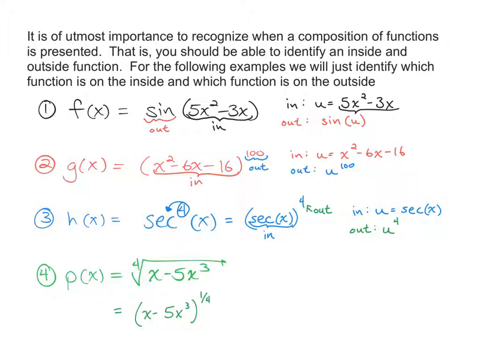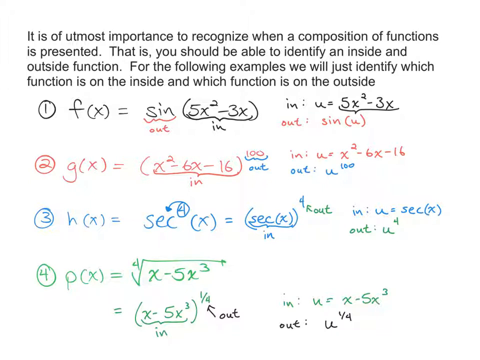Similarly to how the square root turns into a 1/2, the fourth root turns into a 1/4 power. So now this is much easier to see that this is what is on the inside, and then this 1/4 power is what is on the outside. So again, over here to the right, I'm going to write that the inside is u equals x minus 5x cubed, and that the outside would be u to the 1/4 power.